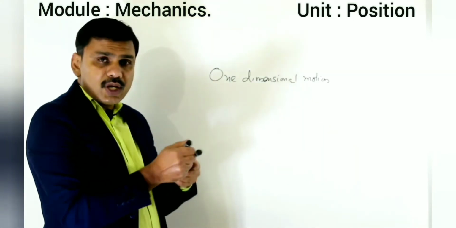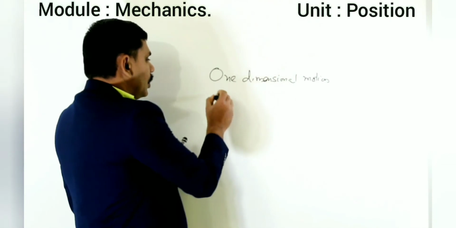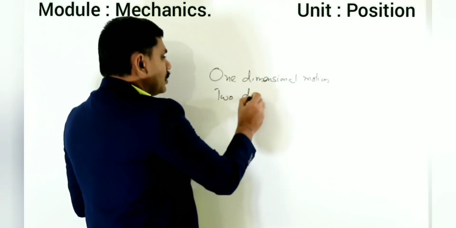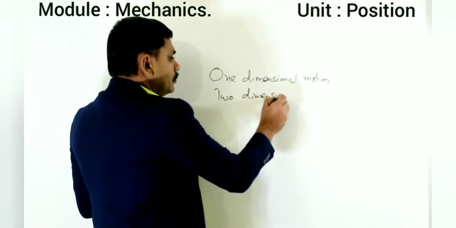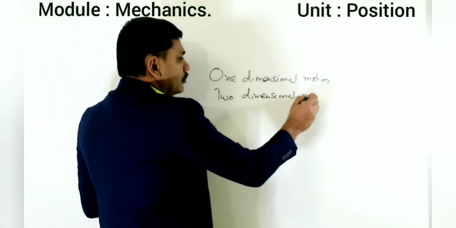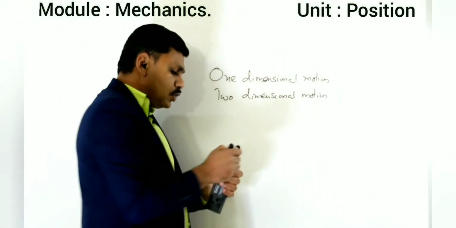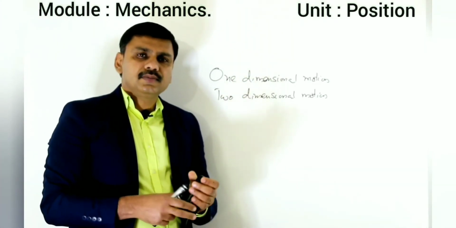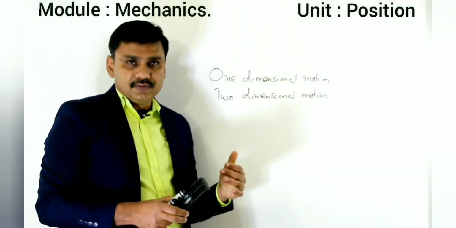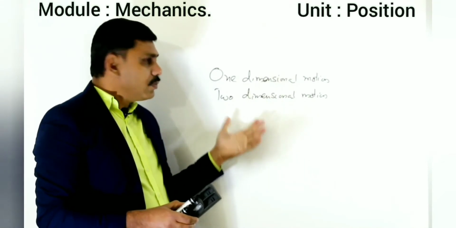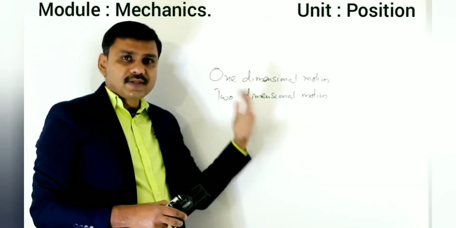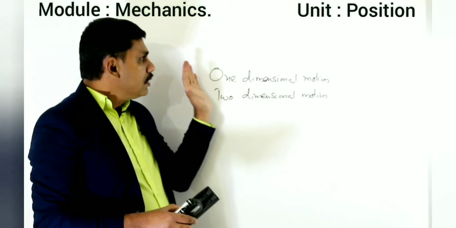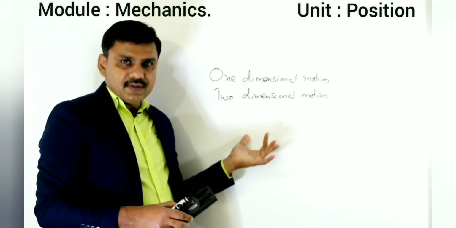What do you mean by two-dimensional motion? Two-dimensional motion means the motion of an object on a surface. For example, this whiteboard, it's a surface, it's a plane.